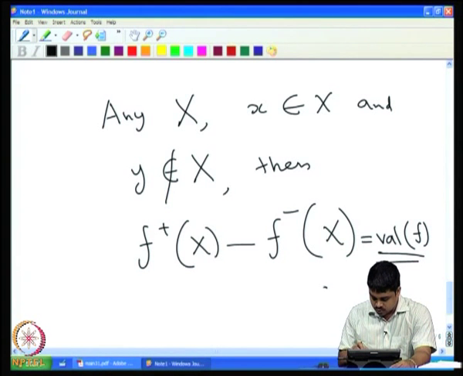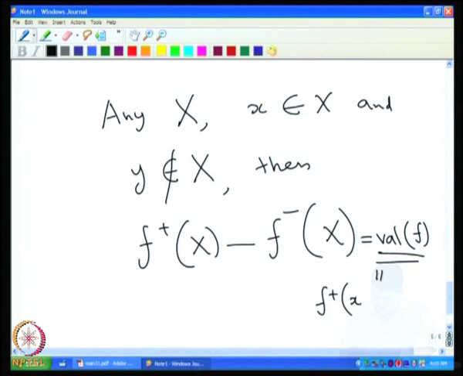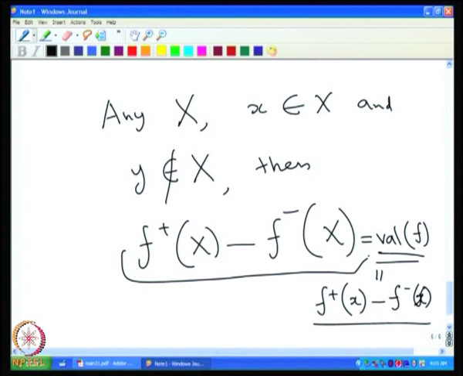With respect to the source, the net outgoing flow of the source was the value of the flow by definition. It makes sense, because not only is it the net flow going out of the source, it is also the net flow going out of any subset of vertices containing the source and not containing y. So, you can see that it is something going out of x and towards y, that is the interpretation. But why is this true?